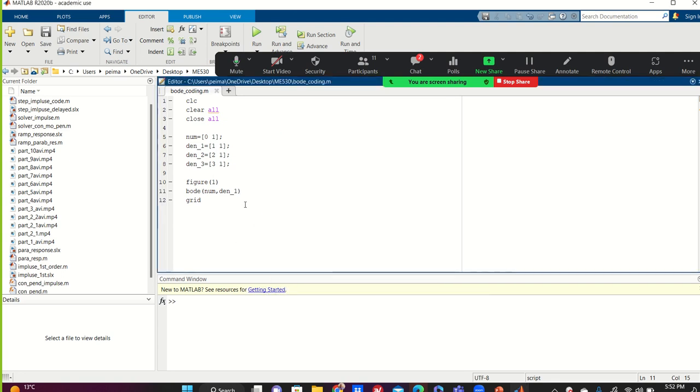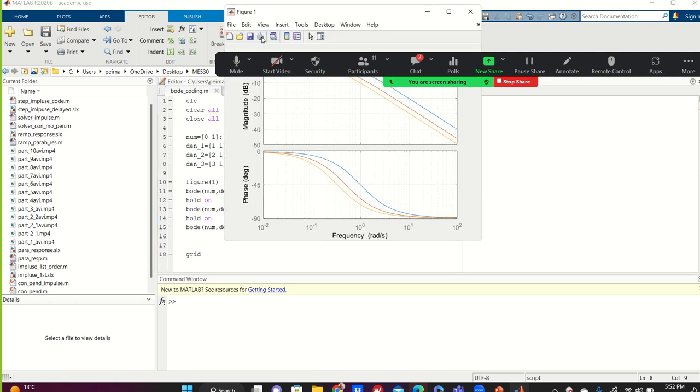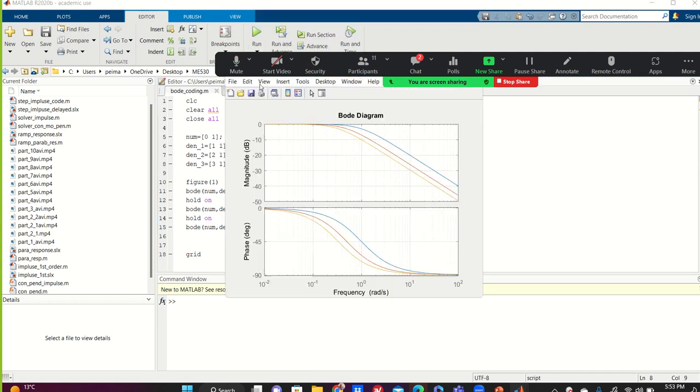Now you can say, okay, I increased that, so hold on. Bode, then 2, and hold on. Bode, then 3. Because I increased the time constant, see? So if I plot as we did together, you're filtering out, as you see here.